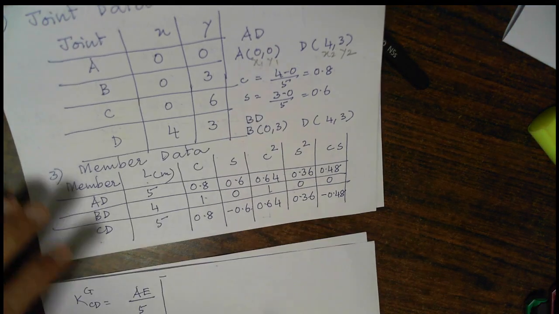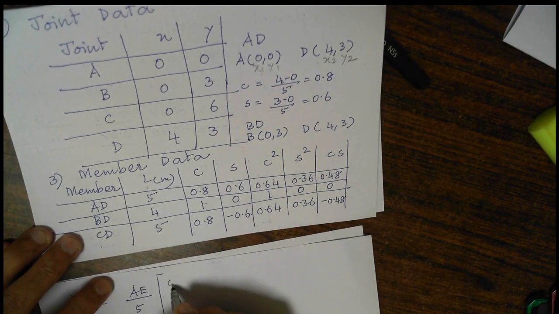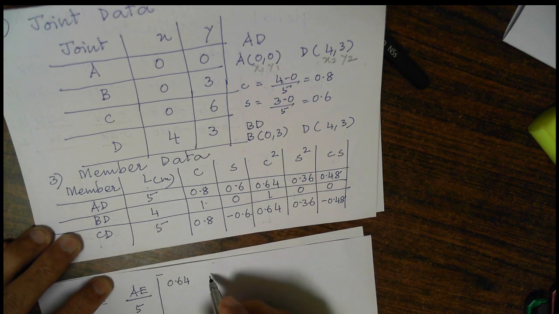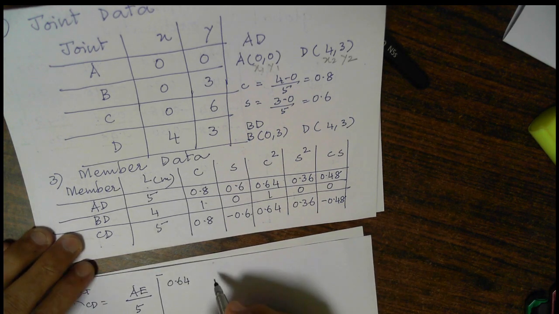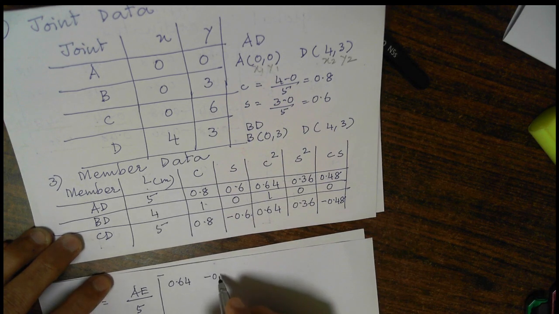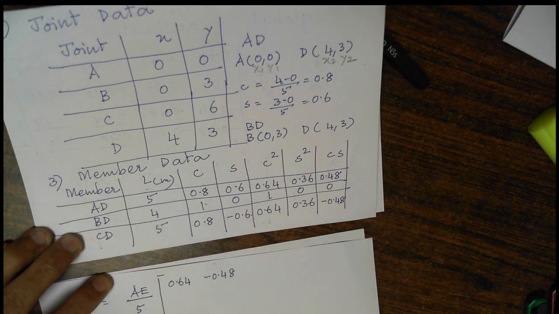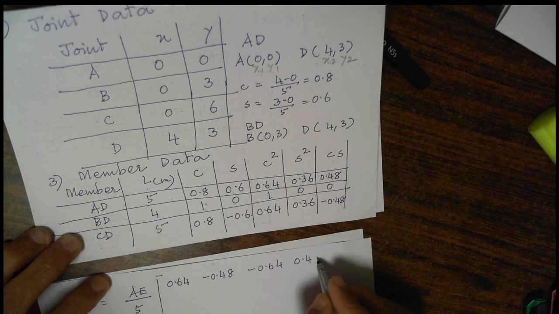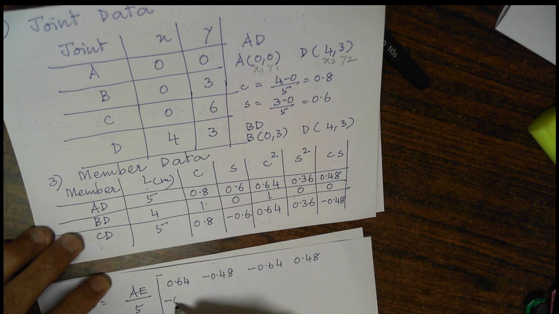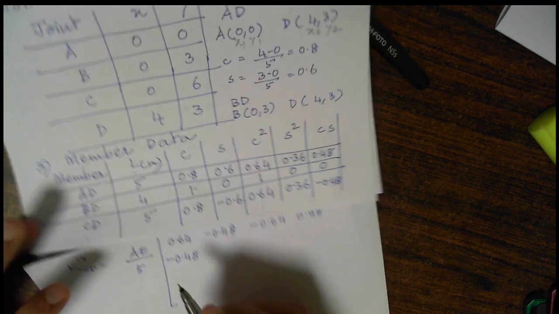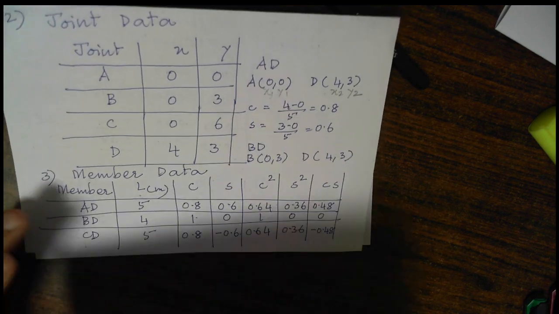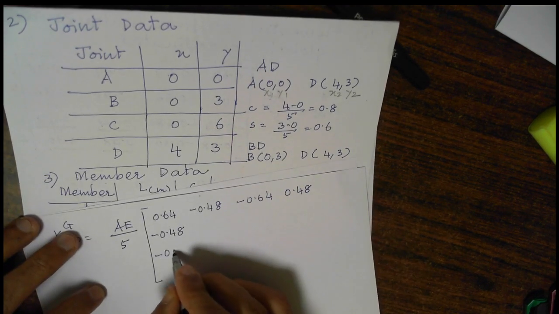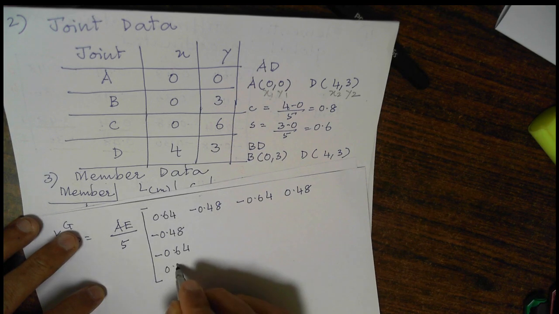So first it is C square 0.64, CS is minus 0.48, then minus C square and minus CS, so minus of minus will become plus. Then same is the column, minus 0.48, minus 0.64, 0.48.